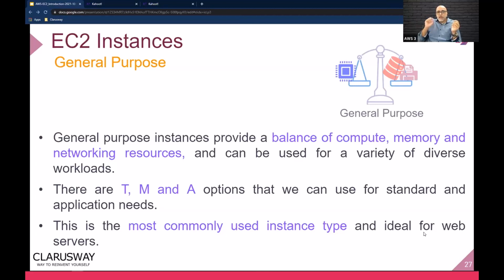But think of burstable as something that you're going to use when you have spiky workloads. M, medium or general purpose, is when you have kind of an average workload. You don't need too much memory, you don't need too much disk, you don't need too much networking, you just get away with an average type of CPU. That's when you use the M class.